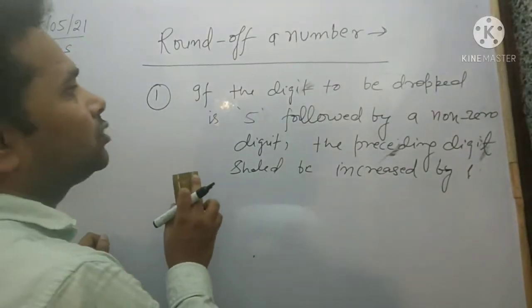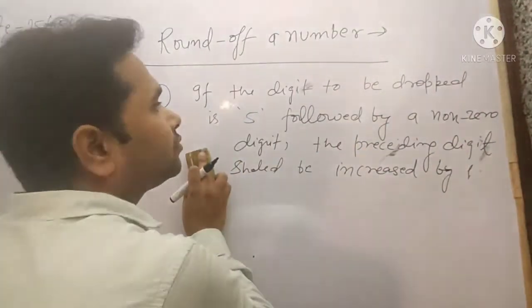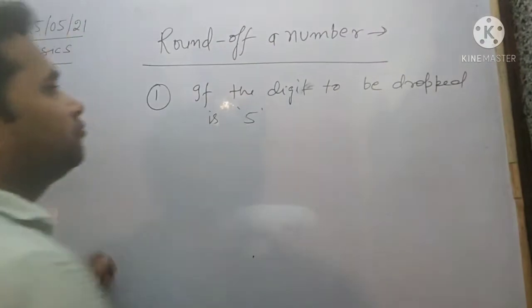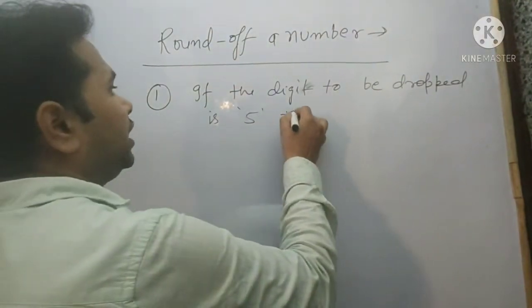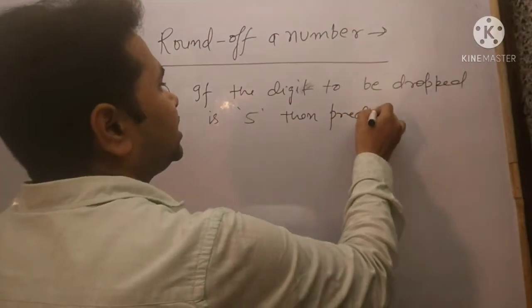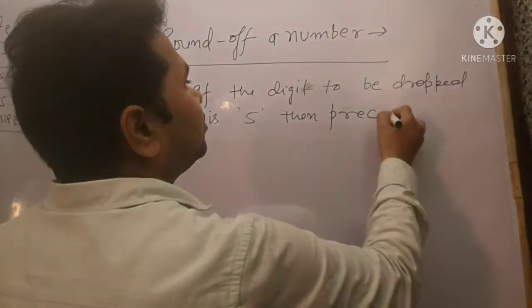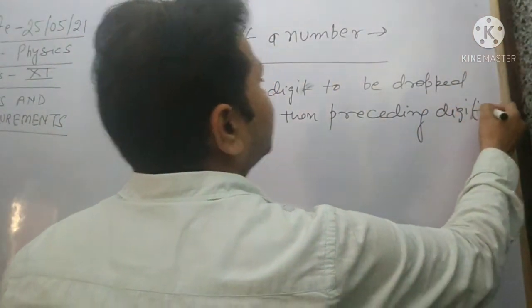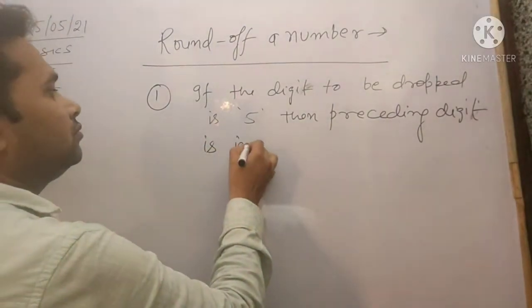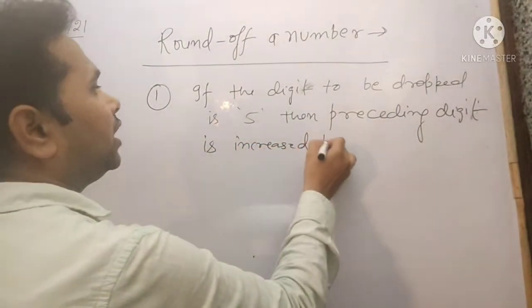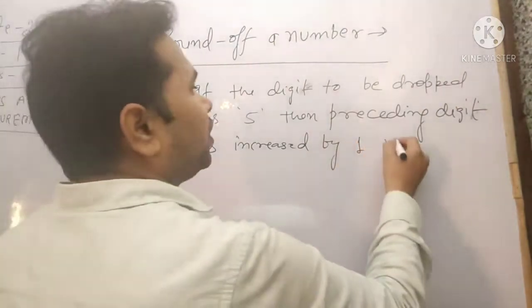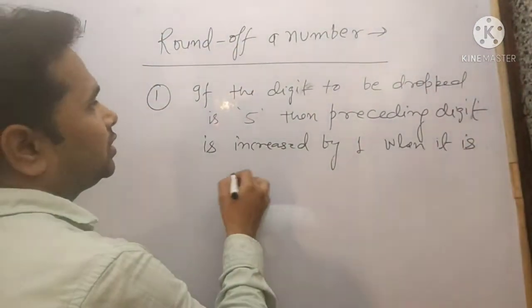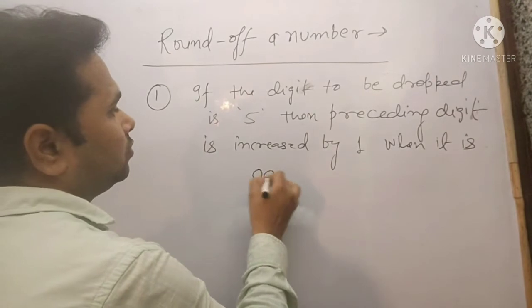Now if the digit to be dropped is 5, then the preceding digit is increased by 1 when it is odd.